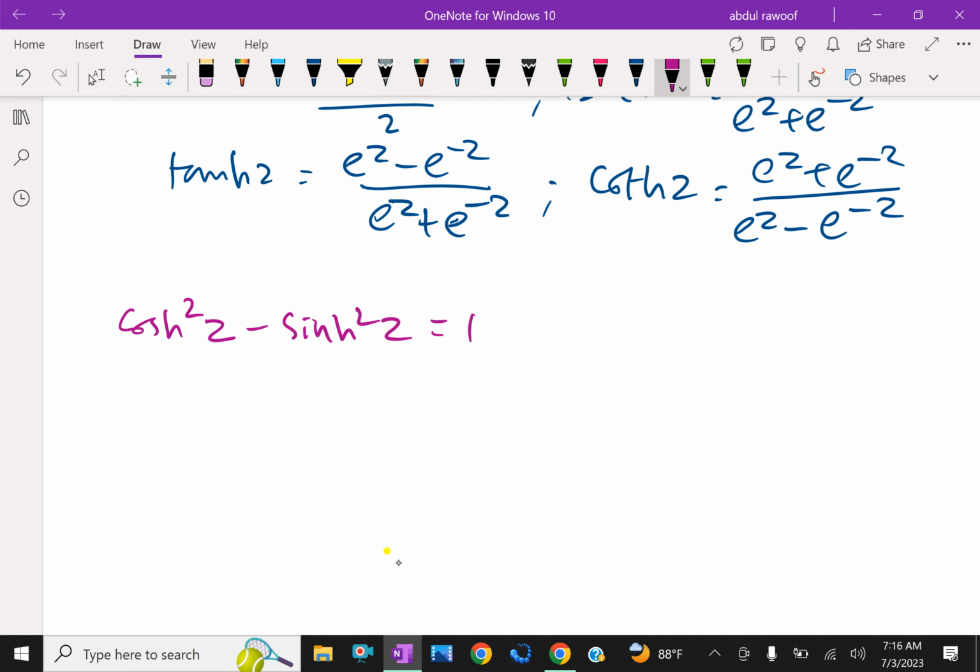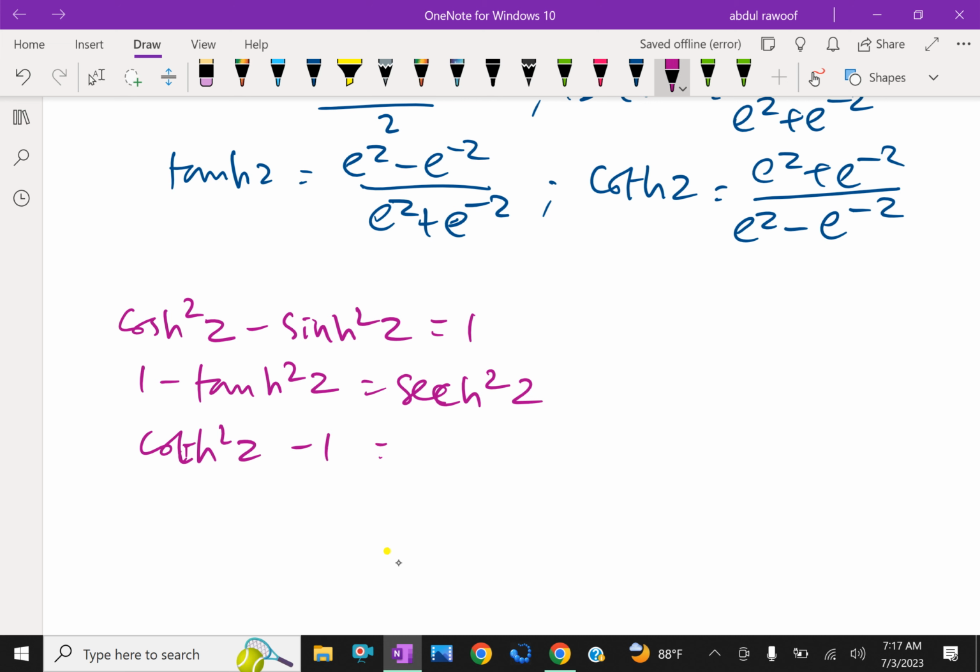Then 1 minus tan h square z equal secant h square z. Cot h square z minus 1 equal cosecant h square z.